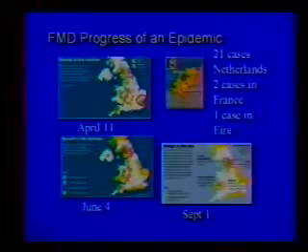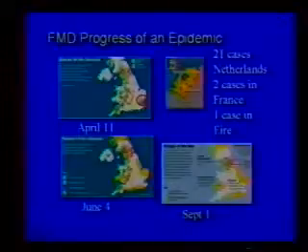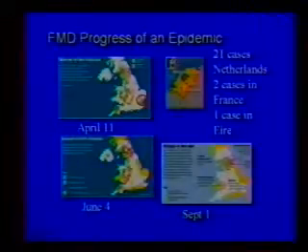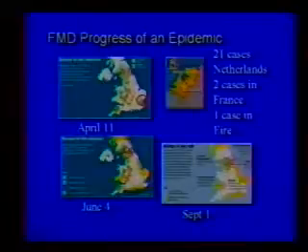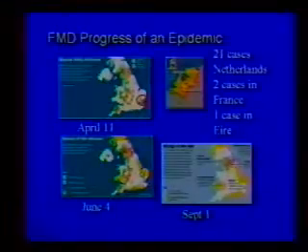And subsequently, by April the 11th, and the epidemic started on February the 20th, it had spread to many different parts of the country. Then disease control programs were very much in place, and you can see that large areas of the country, because of these disease control programs, remained free of disease.